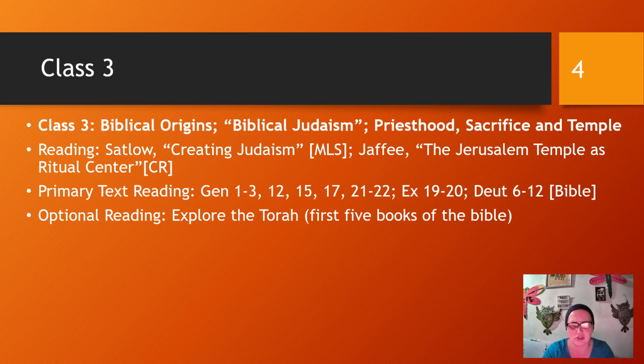That's your primary text reading for this week. And I'm encouraging you, if you're interested, to just explore the first 5 books of the Bible and get a sense of the history and the law that's found in there, because being conversant with Torah is kind of a central thing to becoming comfortable with Judaism.